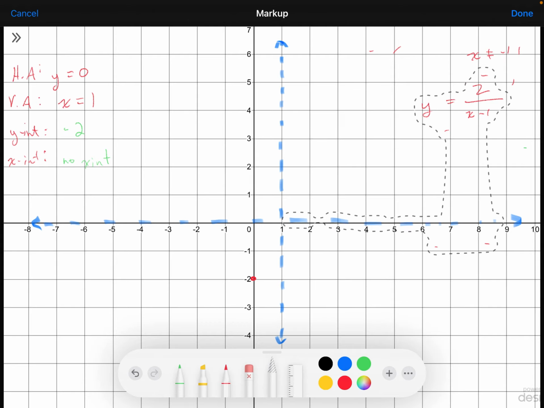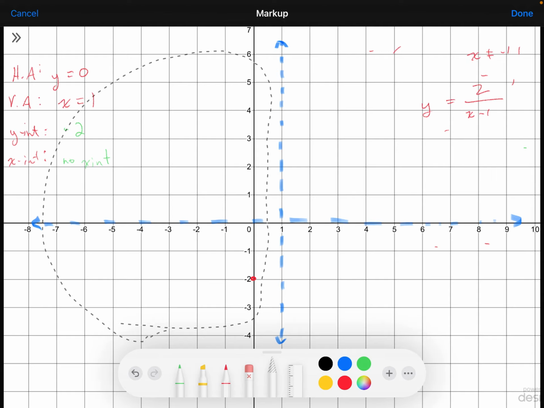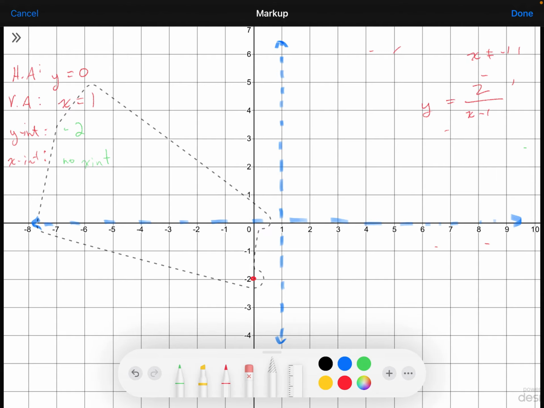There won't be any interruptions of a vertical asymptote over here. And I'm actually more curious about very close to the asymptote. What's my graph going to look like here? There's really only one way, and that one way is to do this.